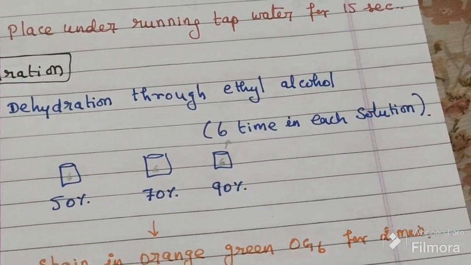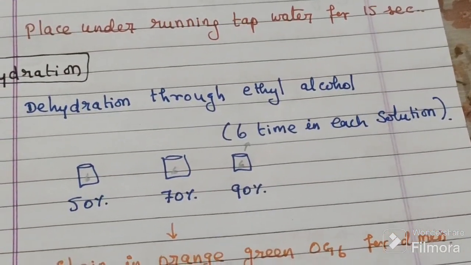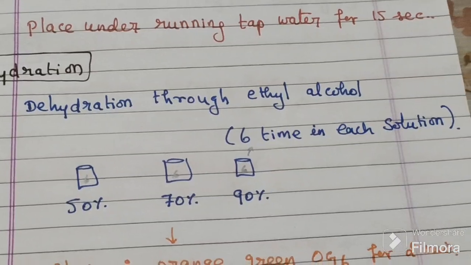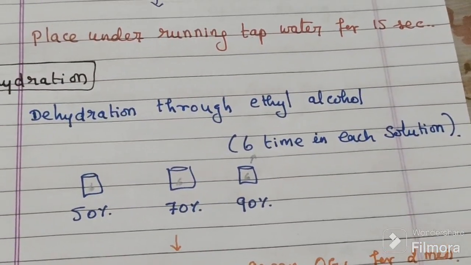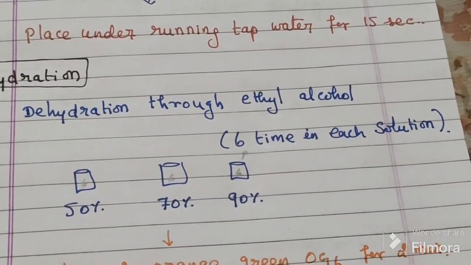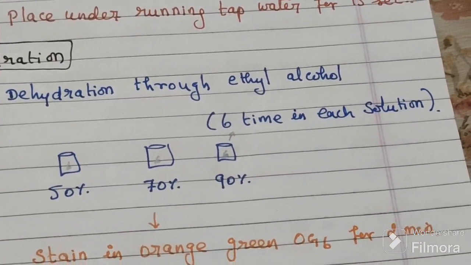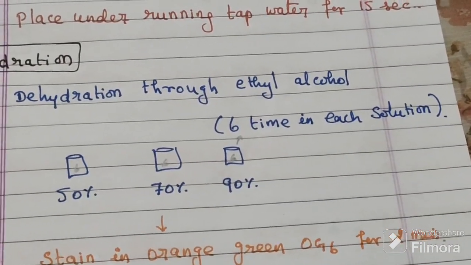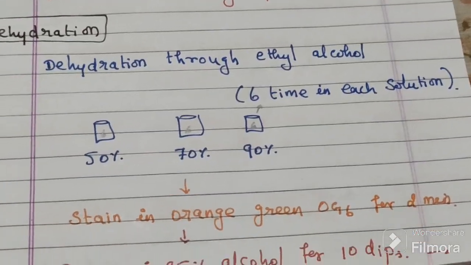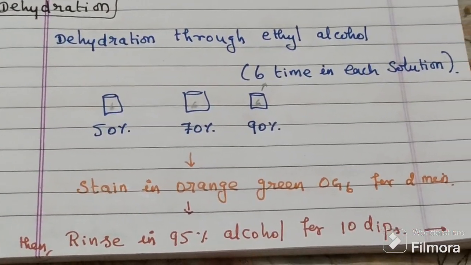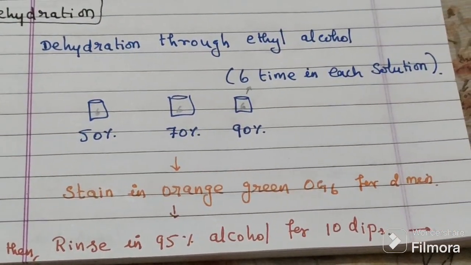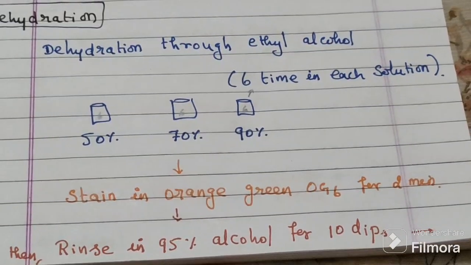Dehydration through ethyl alcohol. Here we want to follow ascending order, 50, 70 and 90 percent. 6 times in each solution, we want to do tipping. Then stain in orange green OG6 for 2 minutes.